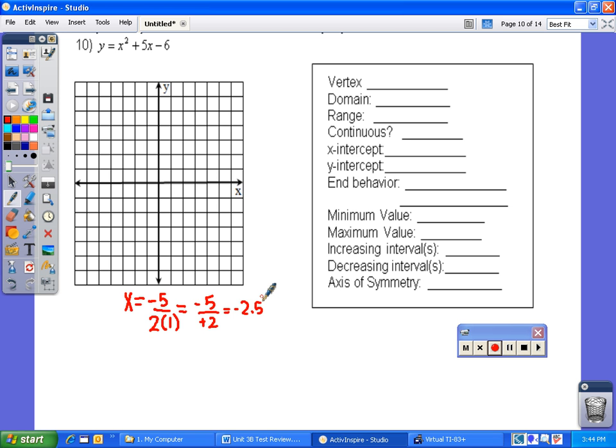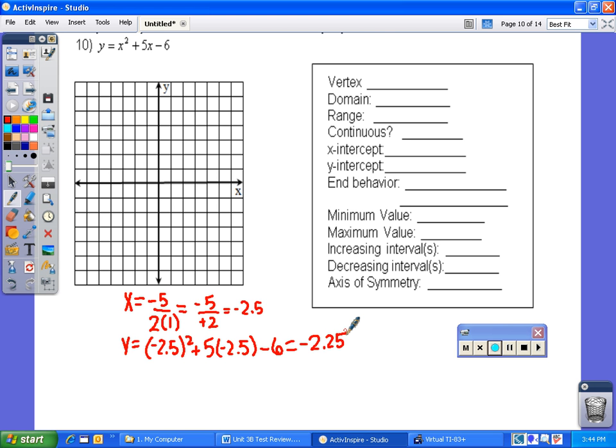Now you would take your 2.5 and replace it into your original equation. And that gives you negative 2.25. So that makes the vertex negative 2.5 and negative 2.25.